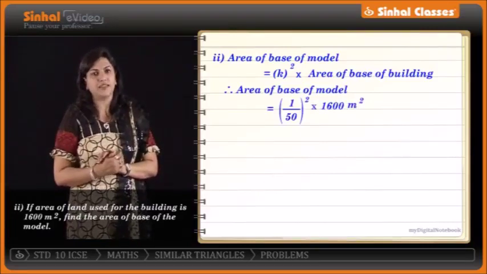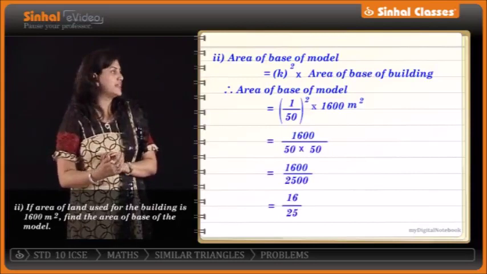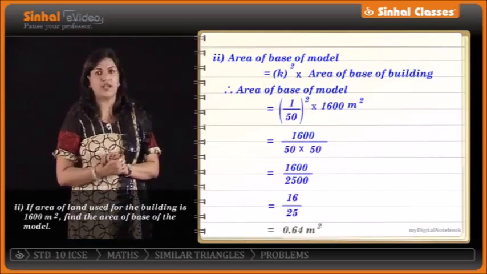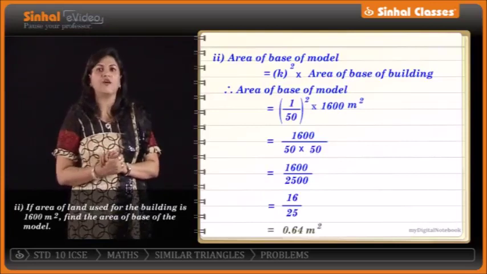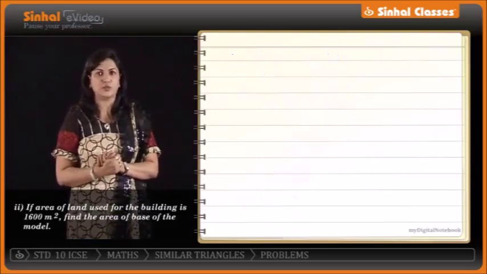Now we simplify this, we get 1600 upon 2500, that is 16 upon 25, which is nothing but 0.64 meters square. So we've got area of the base of the model as 0.64 meters square.